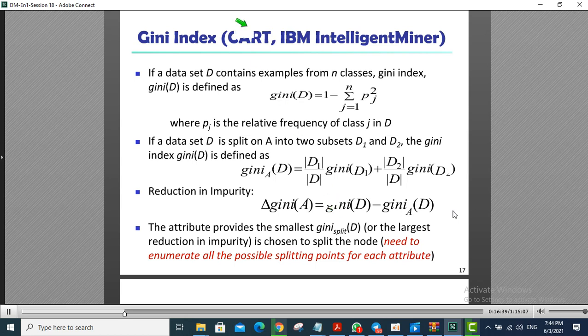For example, CART and IBM IntelligentMiner are other types of decision trees. We have lots of decision trees, and CART and IBM IntelligentMiner are two of those strategies. In CART, instead of using information gain or gain ratio, the scientists proposed to use Gini index.